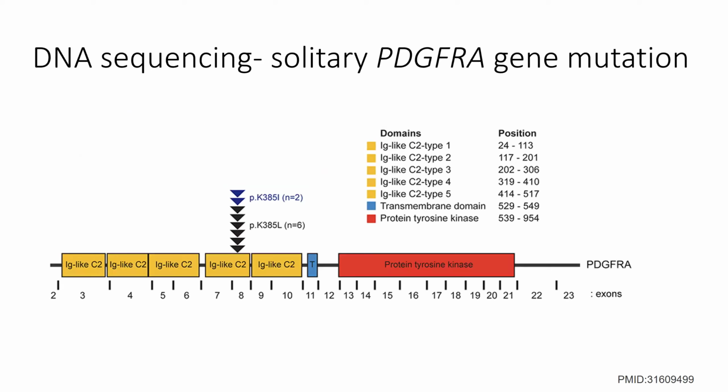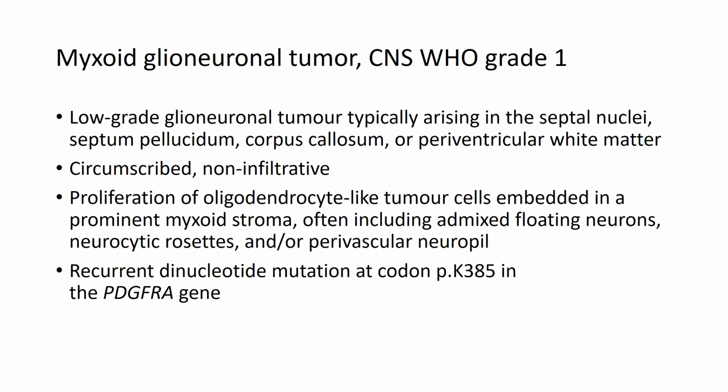So in this case, the diagnosis was really only made because we were able to sequence this tumor, and a solitary PDGFRA gene mutation was found at this particular site. And this is characteristic of this entity, the myxoid glioneuronal tumor, CNS grade 1.